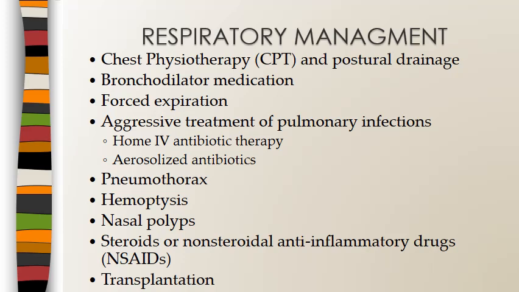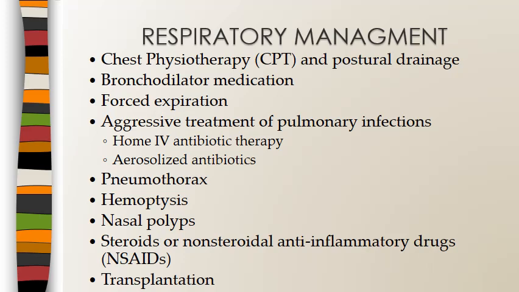They will get aggressive treatment of any pulmonary infections utilizing home IV antibiotics with a percutaneous central line or a PICC line, and also may receive aerosolized antibiotics. We want to prevent possible complications such as pneumothorax and hemoptysis.